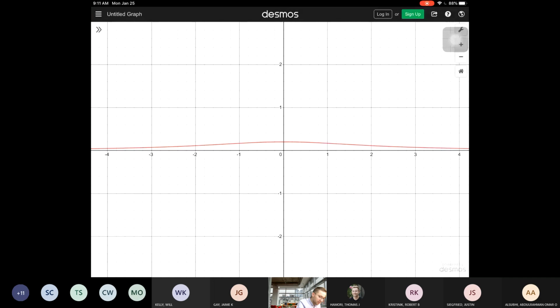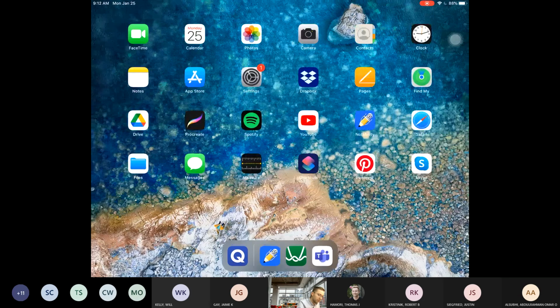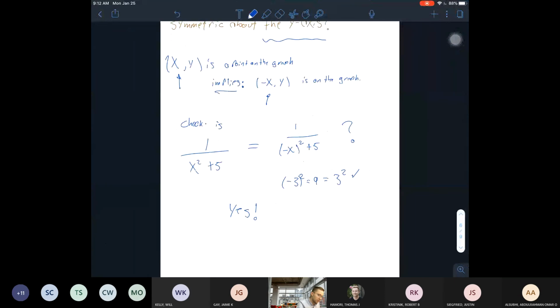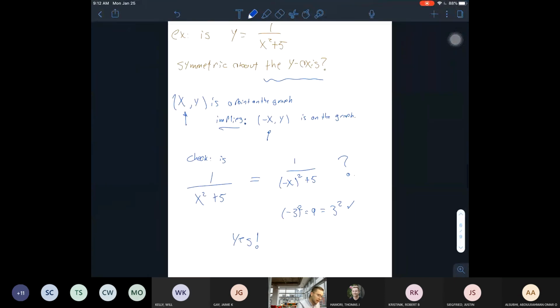And each point that we see on the right side of the y-axis, we have a corresponding point on the left side of the y-axis, which is the same distance away from the origin and has the same exact height. So that's symmetry about the y-axis, and that's how we would check that.